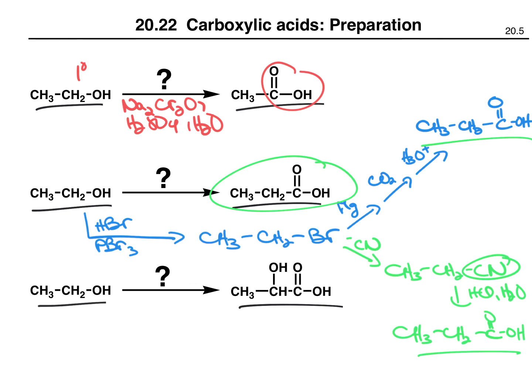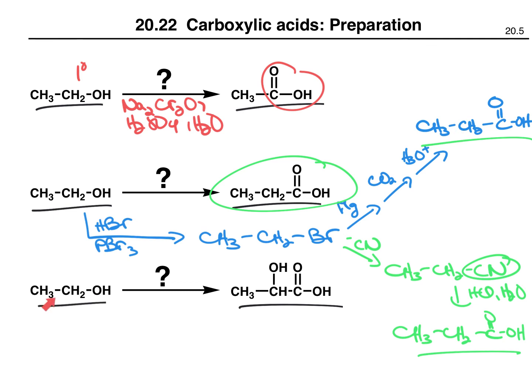So notice, we're trying to convert an alcohol to a carboxylic acid with one additional carbon. In this case, it works to do the Grignard route or to do nitrile substitution followed by hydrolysis. We are going to come across some examples where maybe only the Grignard way will work and not the nitrile, and other examples where only the nitrile approach will work and not the Grignard. So be on the lookout for that.